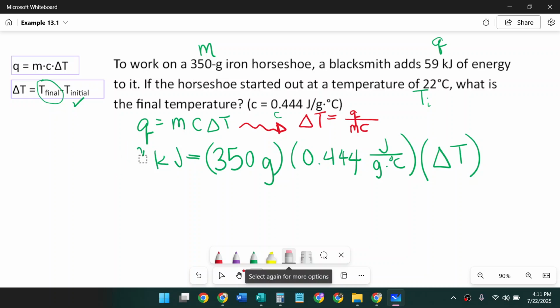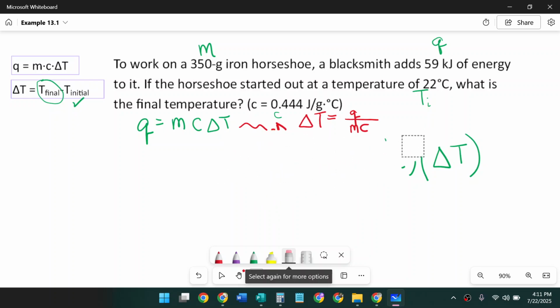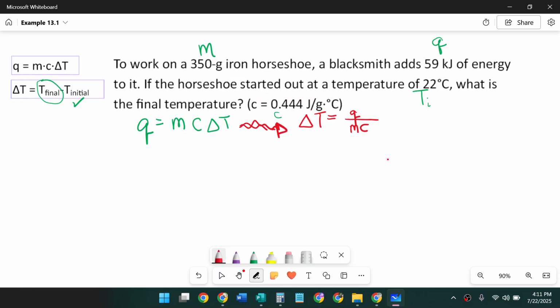So let's erase this and fix it. In fact, I'm going to erase this whole thing because I would rather work with an already rearranged equation than have to rearrange it with lots of numbers. All right, we're going to convert 59 kJ to just J. Kilojoules to joules, what's our relationship there?